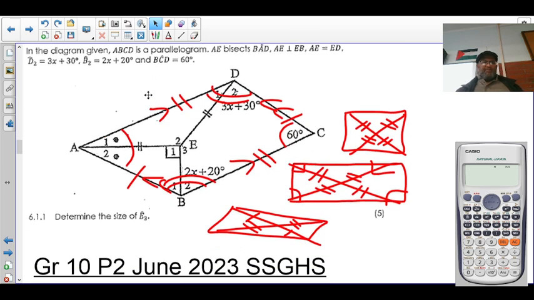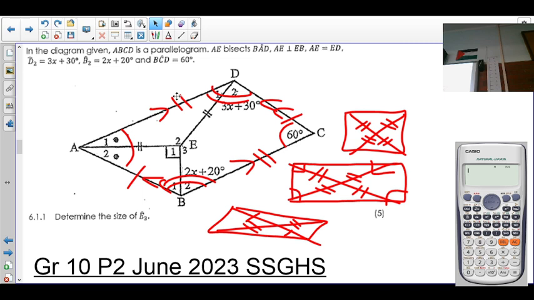Okay, so at this point we read through the question and we said that if that's a parallelogram, we indicated all four properties of a parallelogram, three of which can be applied here. However, one cannot be applied. Why? Because there are no diagonals, unless you construct and so on.